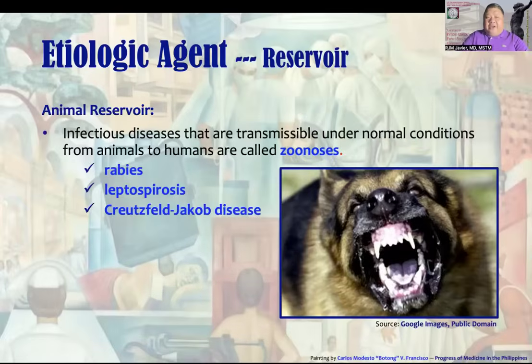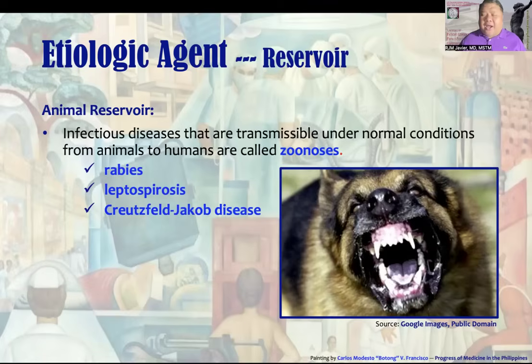So I mentioned this, you have your animal reservoir. Your animal reservoirs can transmit conditions that we refer to as your zoonosis. Examples of which will be your rabies, your leptospirosis that can transmit your Leptospira interrogans from infected urine of rodents, or your Creutzfeldt-Jakob disease, which is one of your prion related spongiform encephalopathies. This is very similar to your mad cow disease or your kuru.